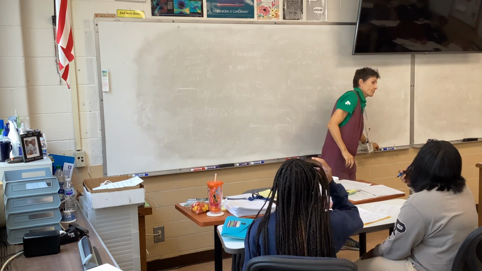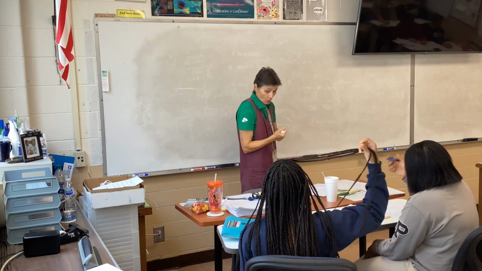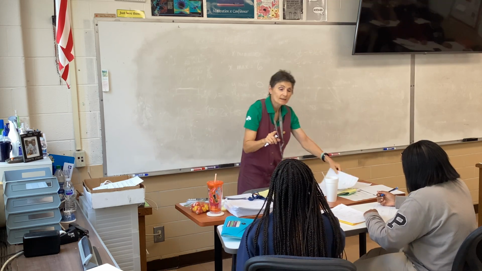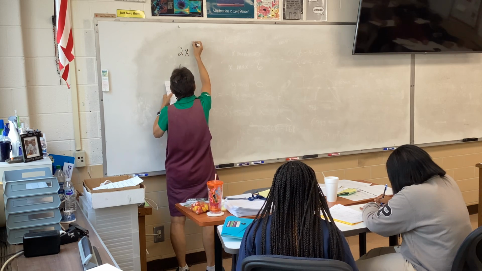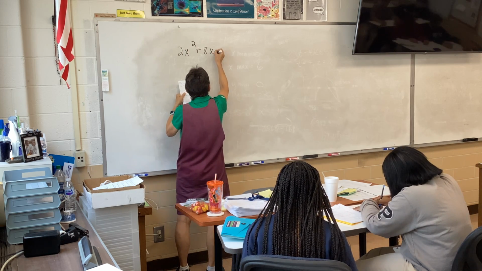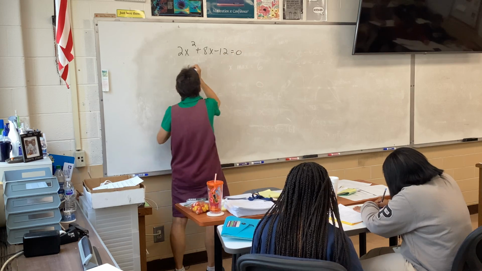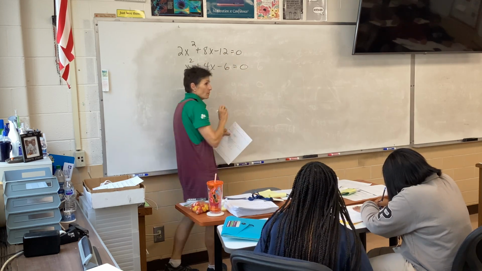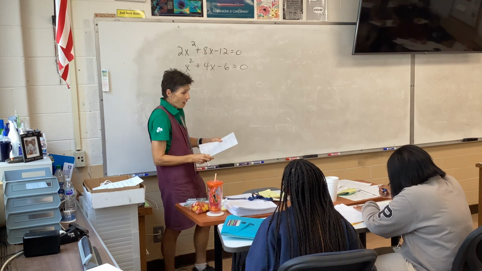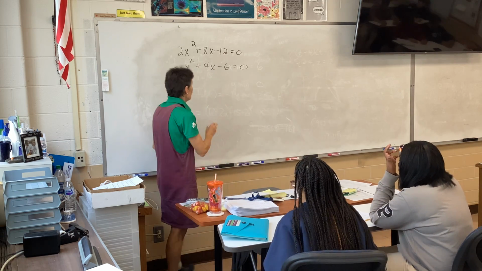Yeah, you mean get rid of the 2. So the first thing we have to do is get rid of the 2. So x squared plus 4x minus 6 equals 0. Everybody okay? Now what? Move the 6 over.